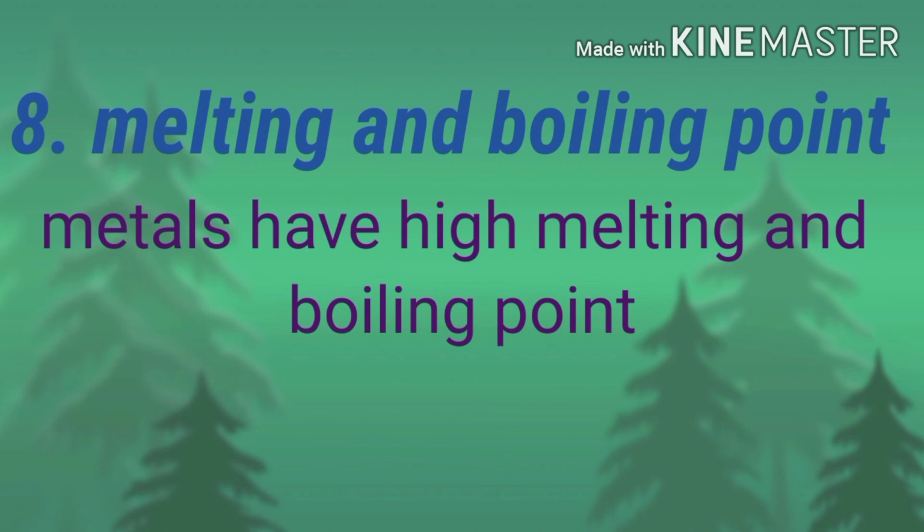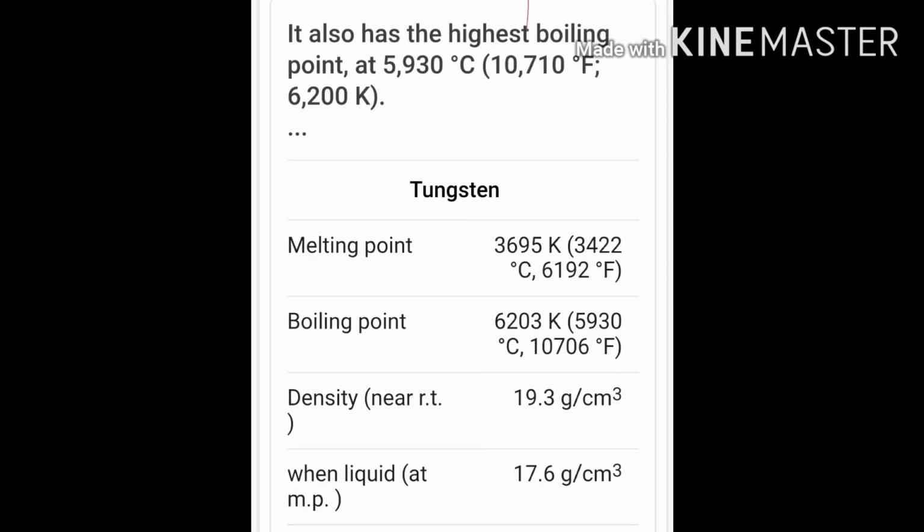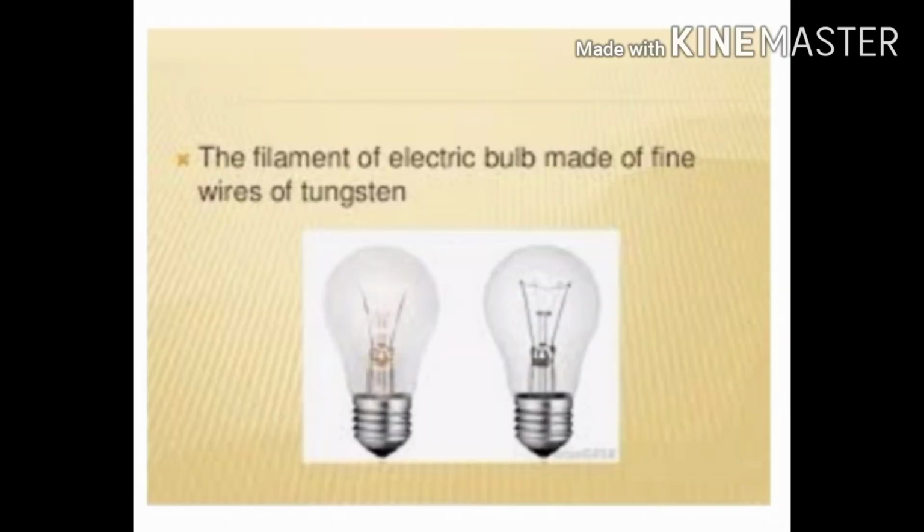Let us now see another property, melting and boiling point. The melting and boiling point of metals is usually high. Tungsten is a metal which possesses a very high melting and boiling point. You can see here the melting and the boiling point of tungsten. As tungsten has a very high melting point, it is used in making the filament of an electric bulb.